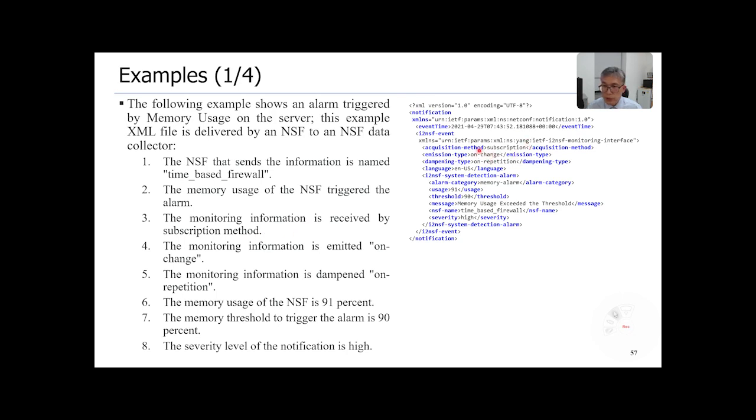The subscription has acquisition type, emission type, dampening type, and language. Then the I2NSF system detection alarm is specified. The memory usage is this one, and the threshold is 90. And this is the message for the user administrator. Severity is high. This is a report, a kind of notification.